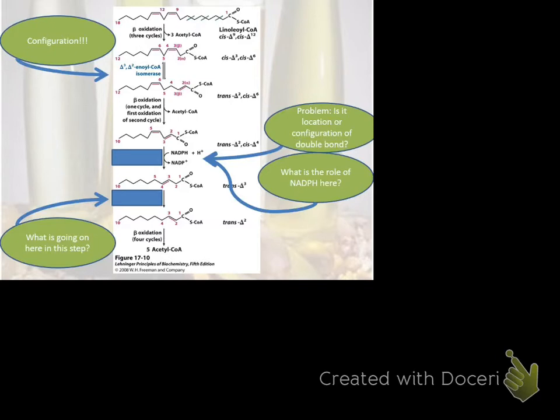So you can undergo one round for that first cycle, and then we get here, where we have the trans at the delta 2 position, and then we've got a cis at delta 4.